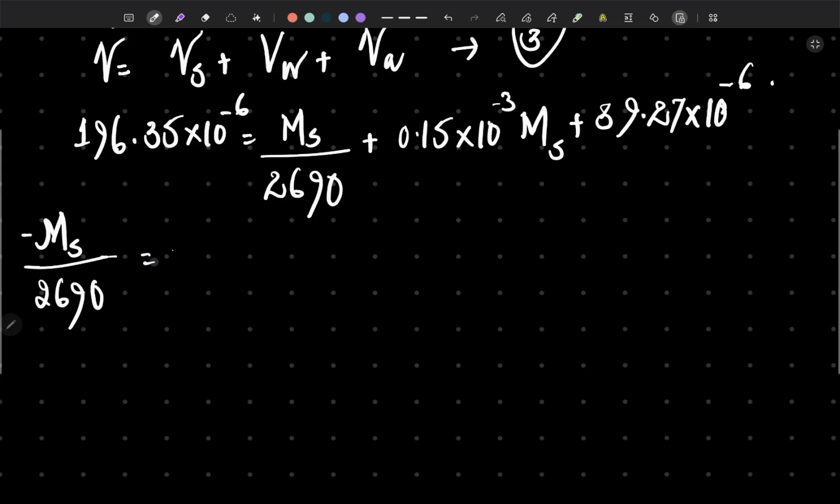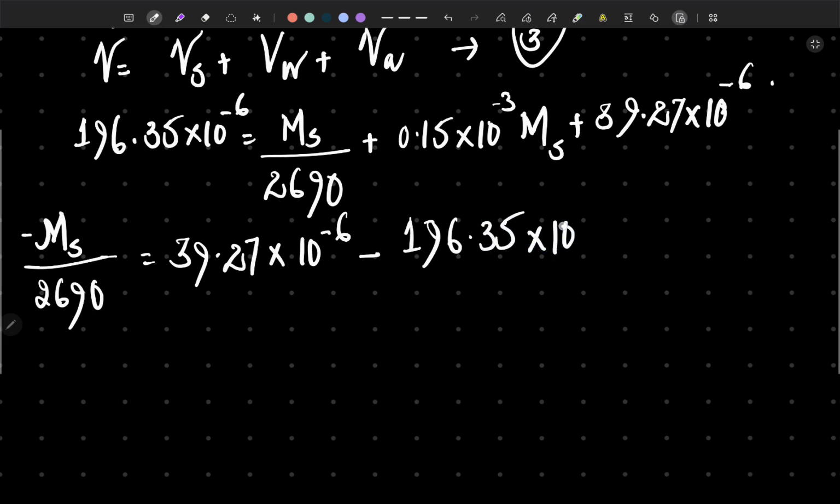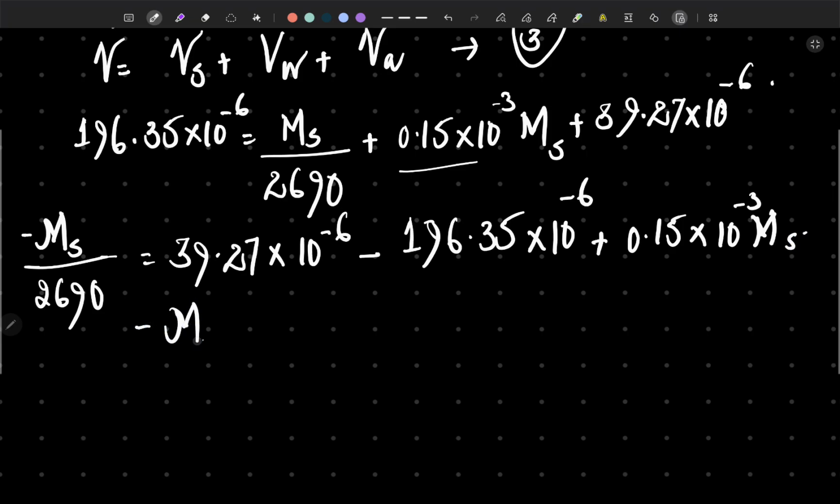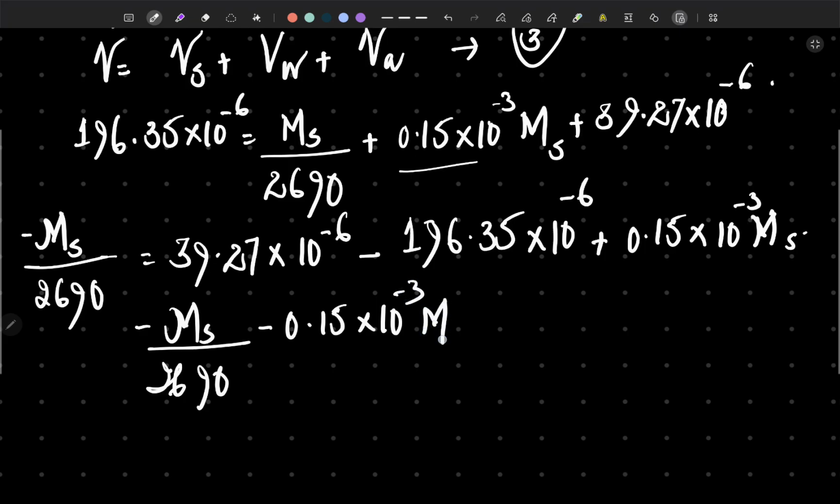See carefully. 39.27 into 10 raised power minus 6 minus 196.35 into 10 raised power minus 6 is equal to ms divided by 2690 plus 0.15 into 10 raised power minus 3 ms. By further solving it, this is minus 157.08 into 10 raised power minus 6.